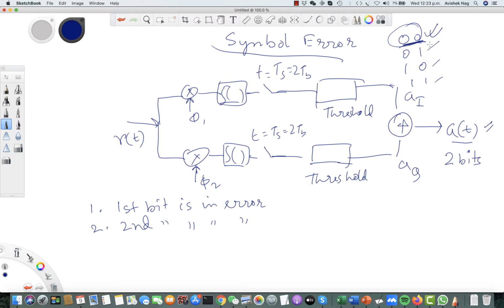So this option is your option 1 here. Okay, so the first bit is in error. This option is your option 2. The second bit is in error, and option 3 is both bits are in error.